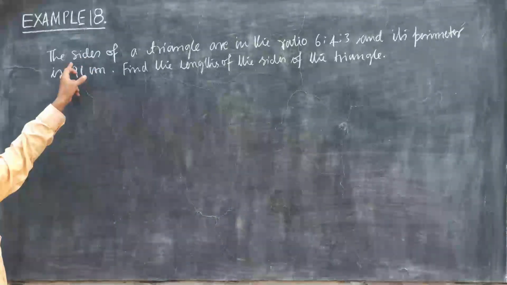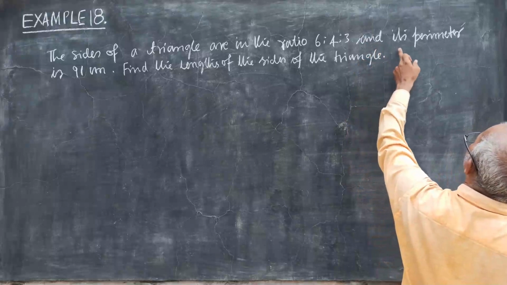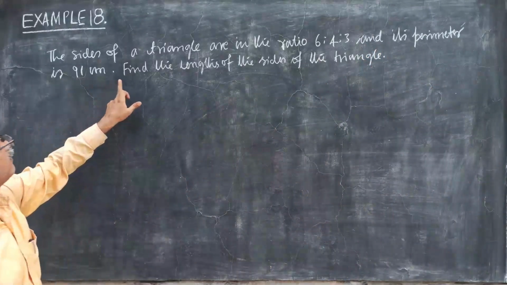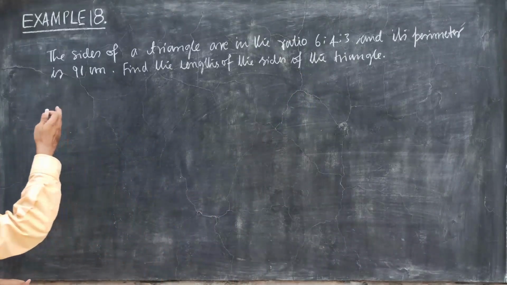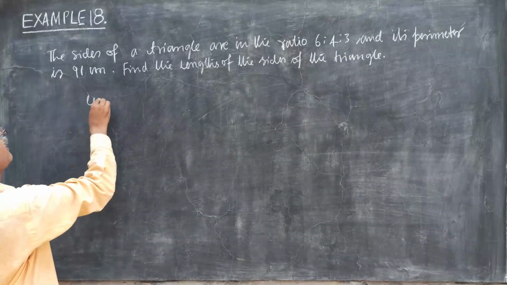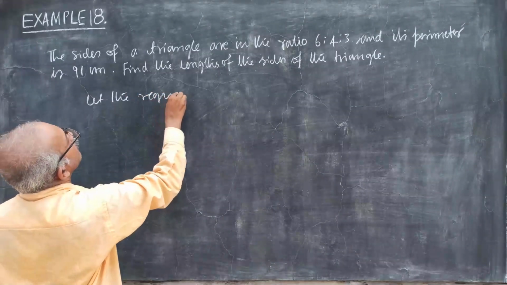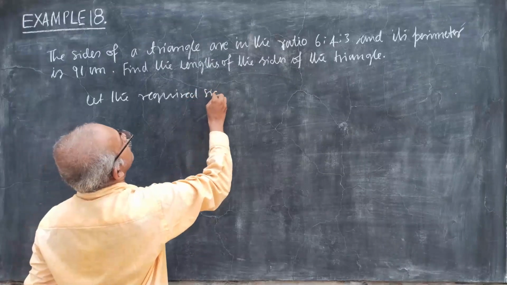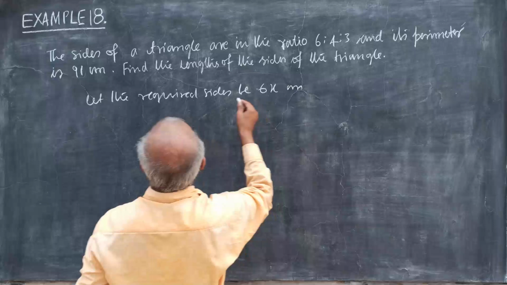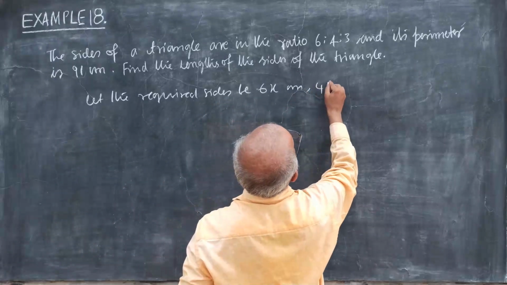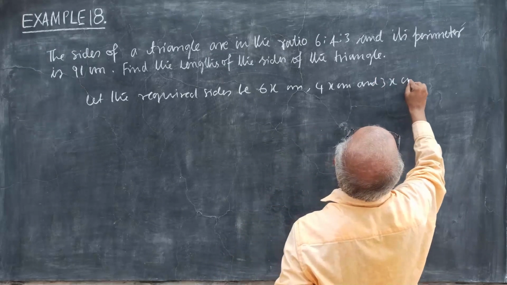Example 18. The sides of a triangle are in the ratio 6:4:3 and its perimeter is 91 centimeter. Find the length of the sides of the triangle. We don't know the length of the sides. Let the required sides be 6x centimeter, 4x centimeter and 3x centimeter.